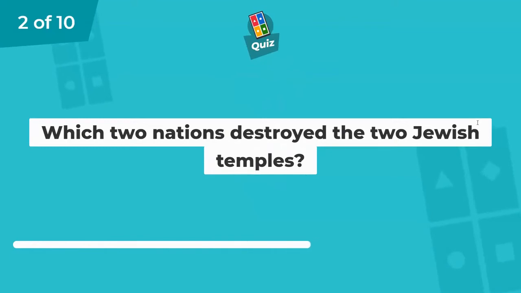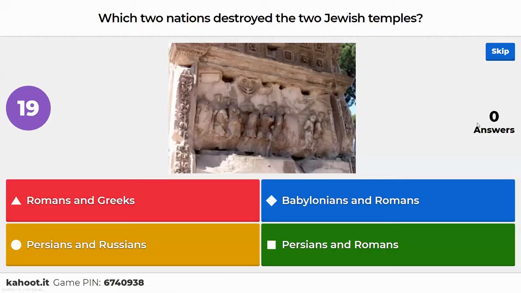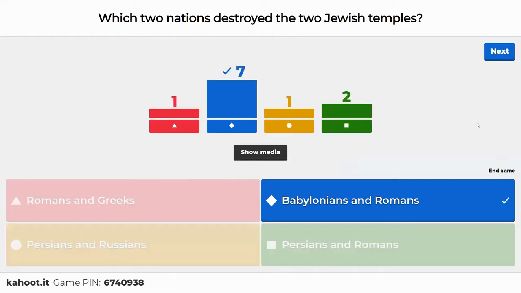Which two nations destroyed the two Jewish temples? So the right answer is the Babylonians and Romans.